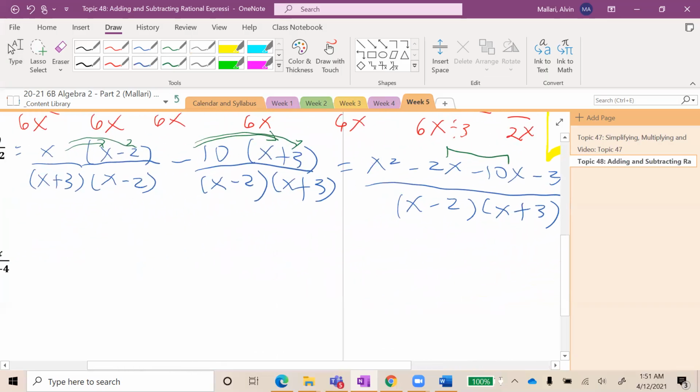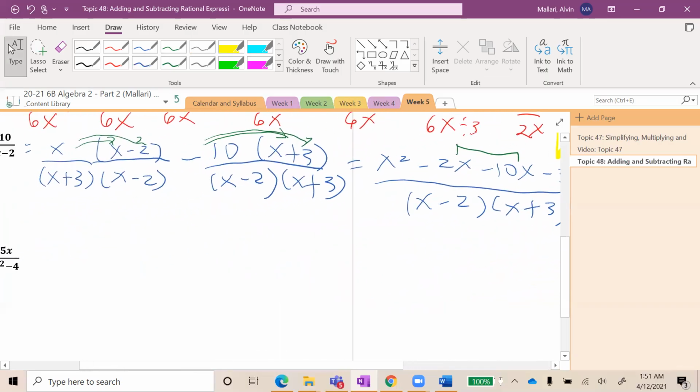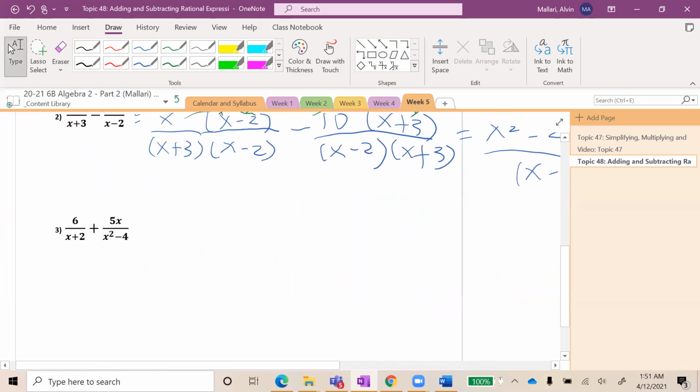All right. So last problem. We have 6 over x plus 2 plus 5x over x squared minus 4. Now for this one, see how we can rewrite the second denominator using the difference of two squares.